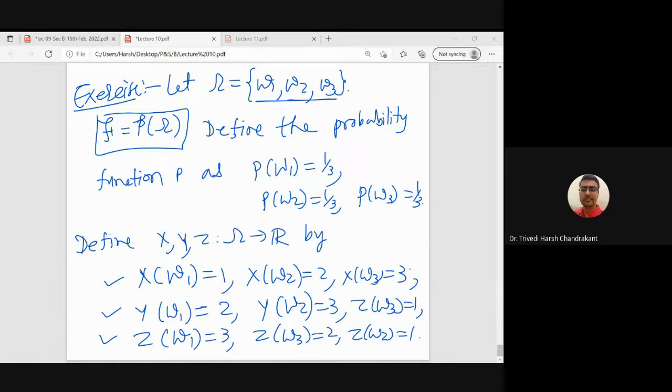So the question is, what is the probability mass function f corresponding to the random variable X, what is the probability mass function f corresponding to the random variable Y, and the probability mass function f corresponding to the random variable Z?